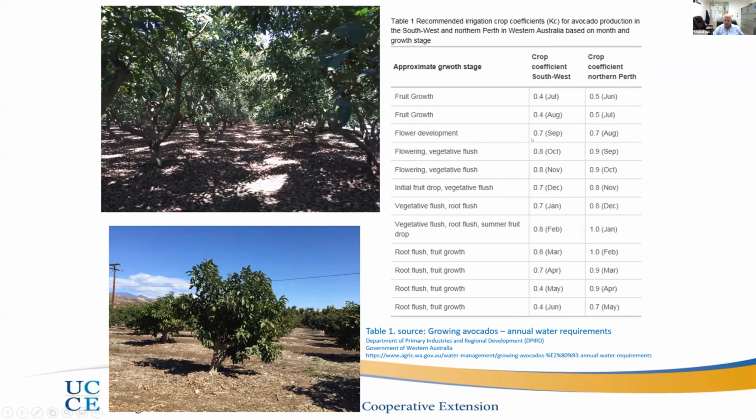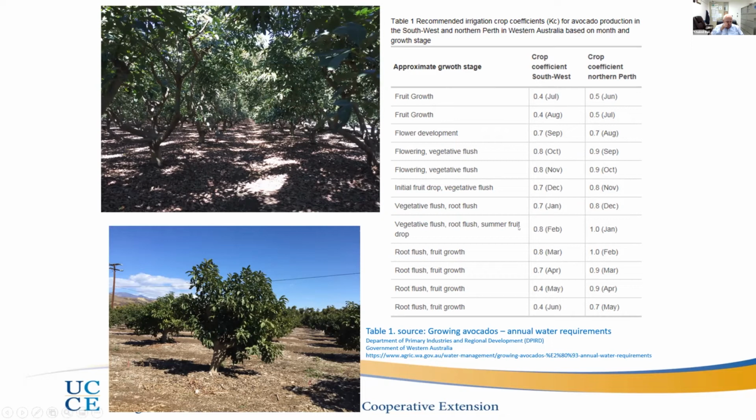I'm sharing with you some of the crop coefficients from Australia. And the reason I'm sharing this is because you can take a look at these crop coefficients. Keep in mind, they're for January or February, which is summer for us here. So you can see they have crop coefficients as high as 1.